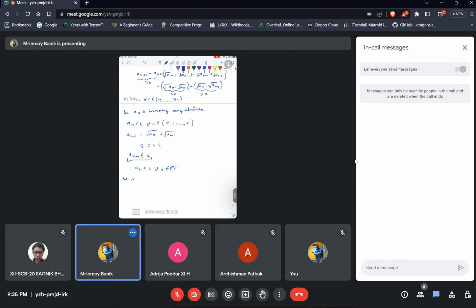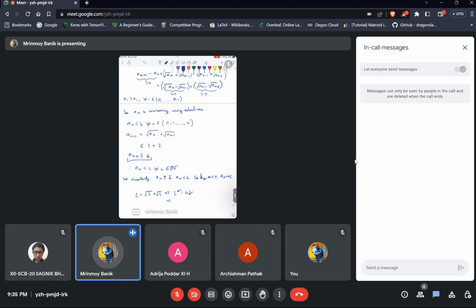So similarly, AN is increasing and AN is bounded by 4, so by MCT, AN converges to some limit L. And now we again use L equals square root of L plus square root of L. That implies L squared equals 4L.